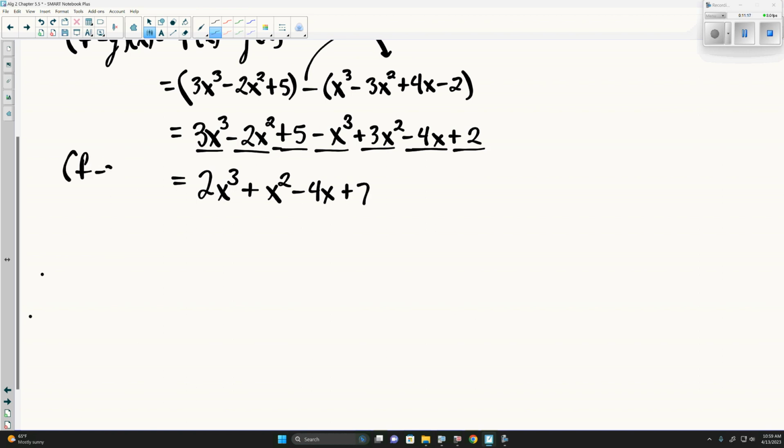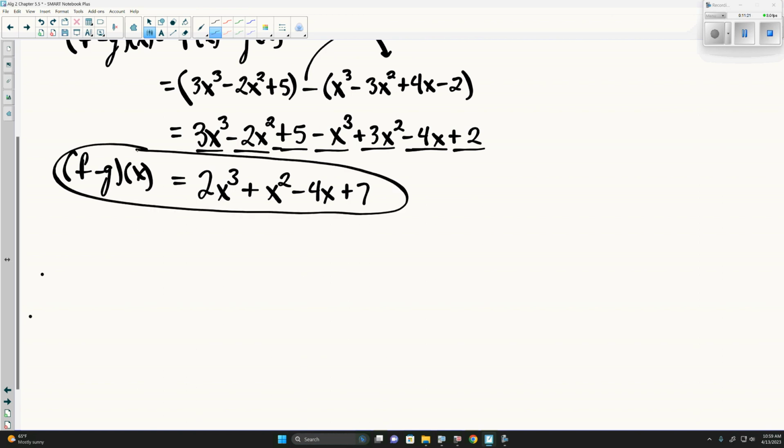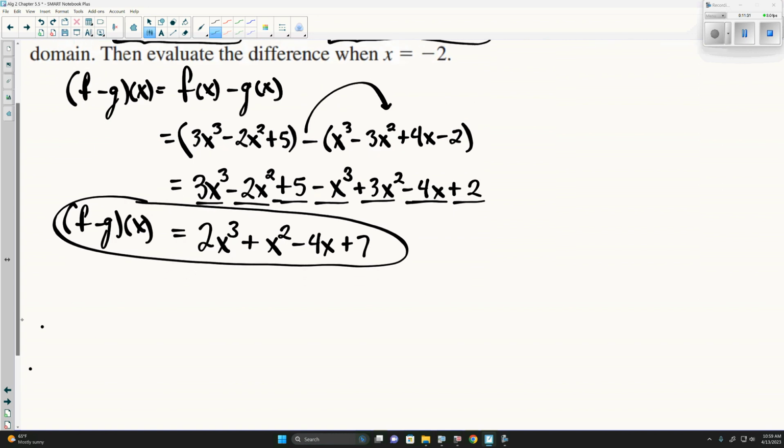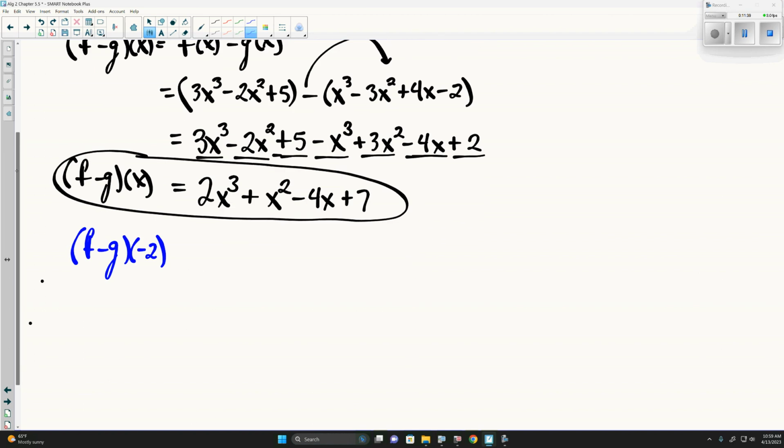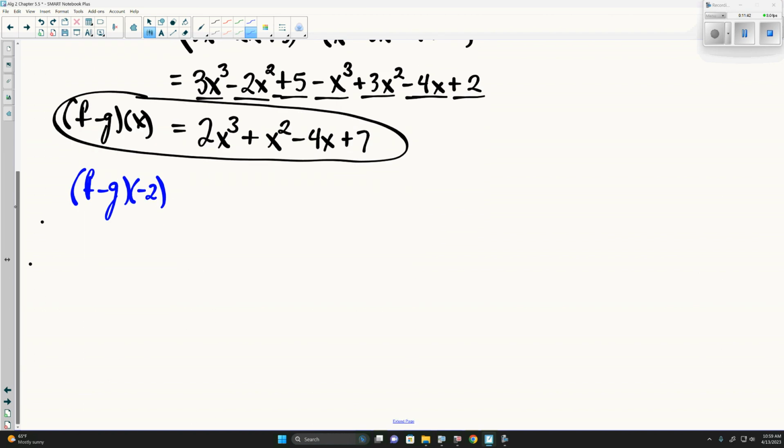So our f minus g of x is 2x cubed plus x squared minus 4x plus 7. Any questions on how we found f minus g of x?